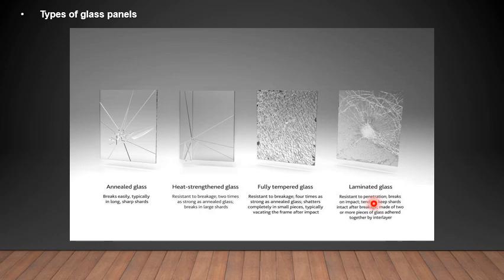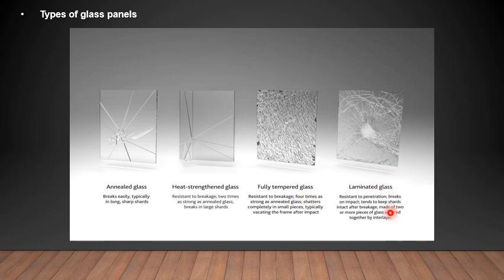We will discuss it in a separate discussion about laminated glass. We can do the lamination for both heat-strengthened or both fully tempered, but you cannot laminate heat-strengthened and fully tempered together because of their different properties.